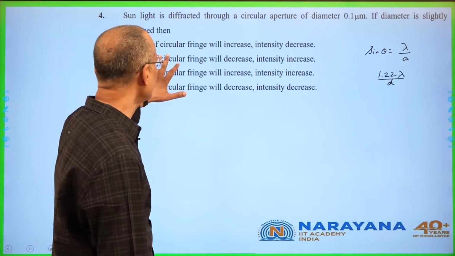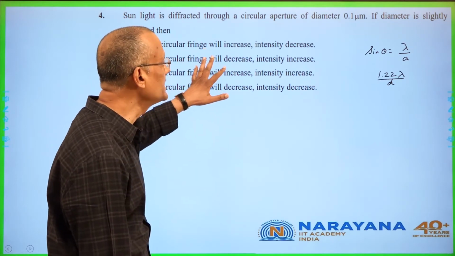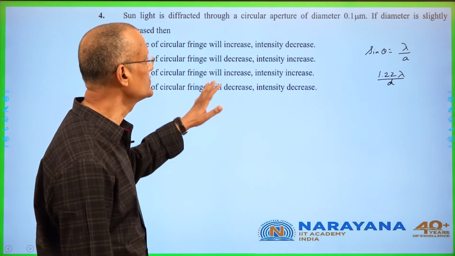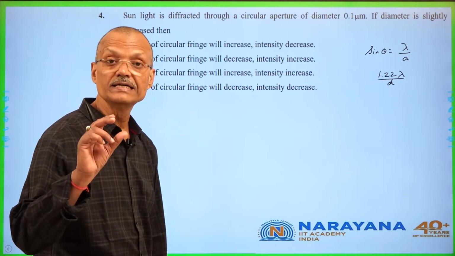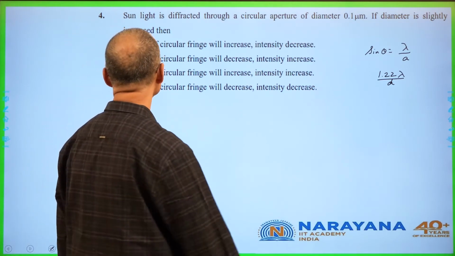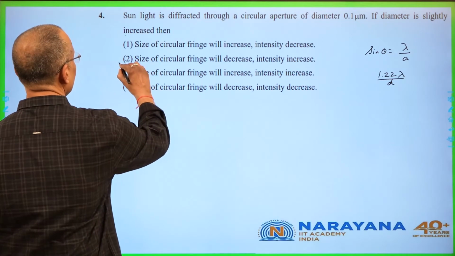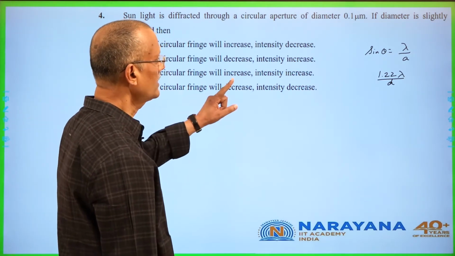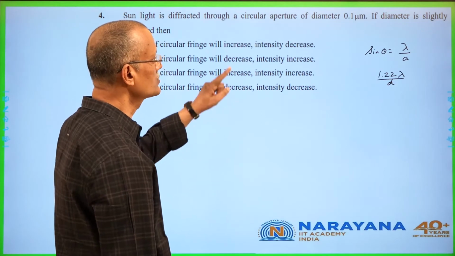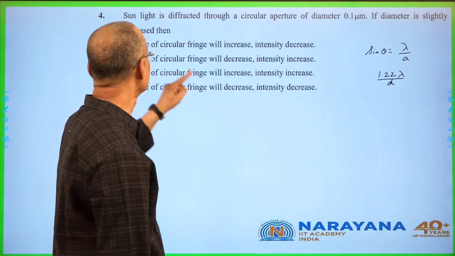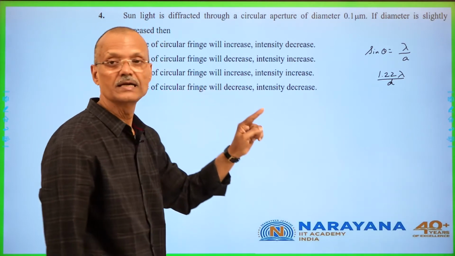It means that the size of the circular fringe will decrease. Clear, no? When the size decreases, automatically intensity will increase. The answer for question number 4 will be number 2, that theta is inversely proportional to diameter. Diameter you have increased, so the size of the circular fringe will decrease.